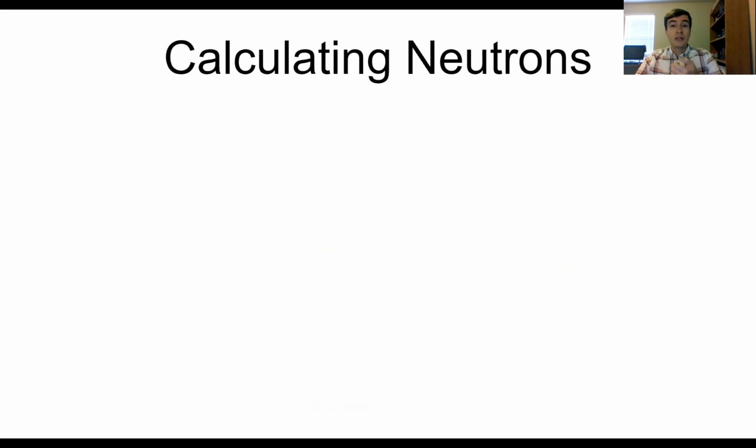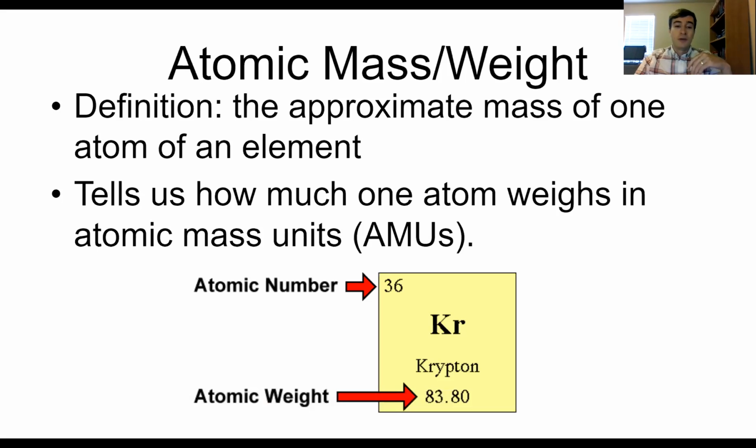And so, like we mentioned before, we get that atomic weight by adding the protons and neutrons together, right? The electrons, we don't count them because they're too small, too little. So protons and neutrons combined make the atomic mass.